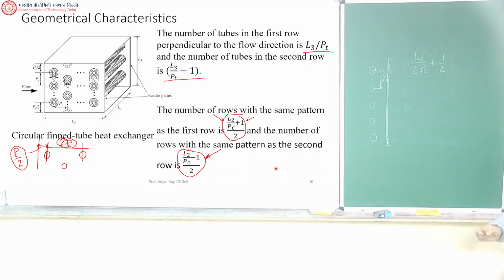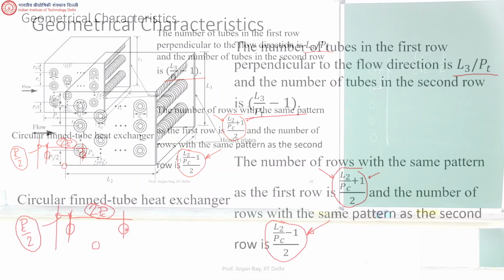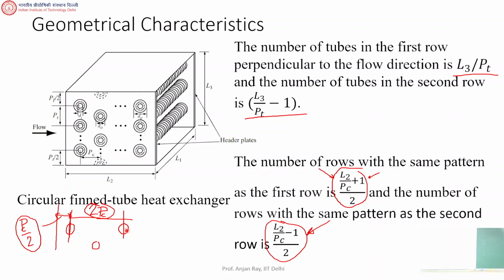So to understand this, look at this figure which I have drawn myself. This is not in the book, just to make it easier for you. Another figure. So this is the first row, this is the third row. This is the second row, which is a bit offset. Correct? So this distance is how much? It's 2 PC.